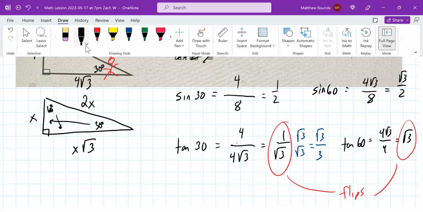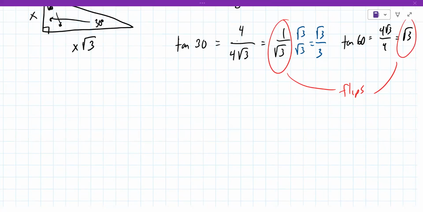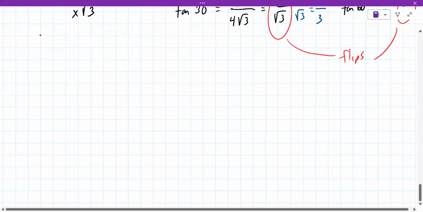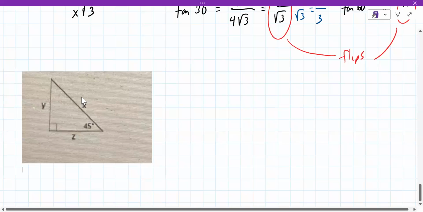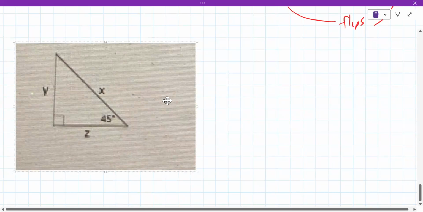All right, so the next problem here is another special triangle. We actually ought to do the same thing for this one. I'm going to give you that this is 20.